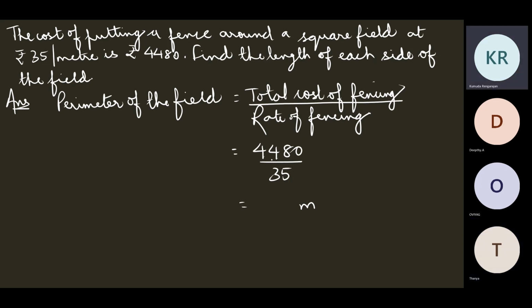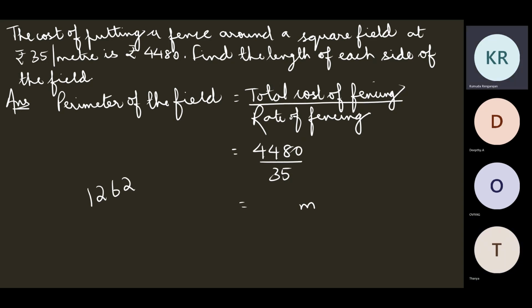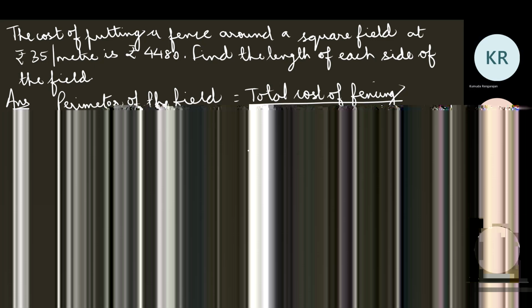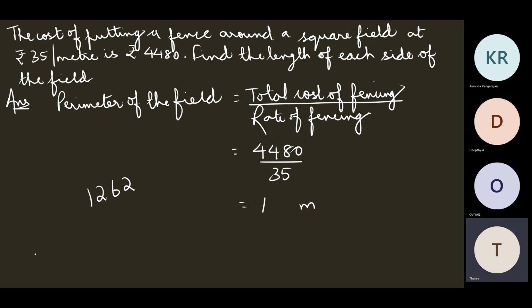When you divide 4,480 by 35, you get 262, ma'am. Not possible, Tanya. What's your answer, Ovia? Ma'am, 127 meters, ma'am.